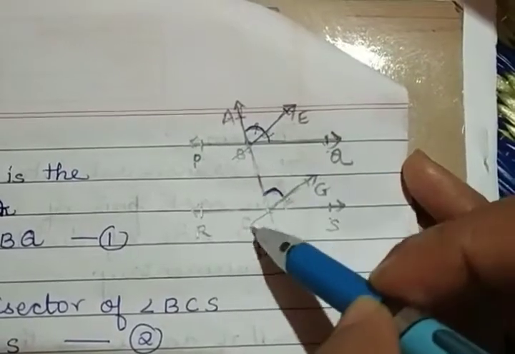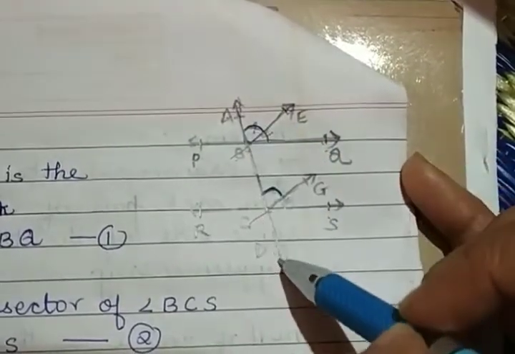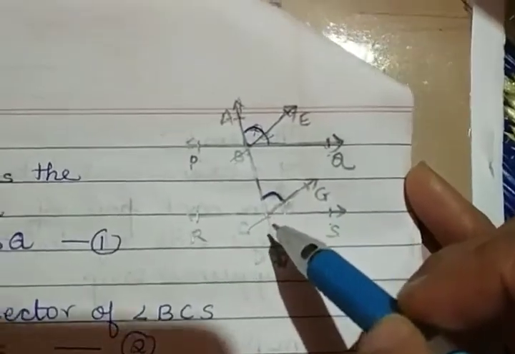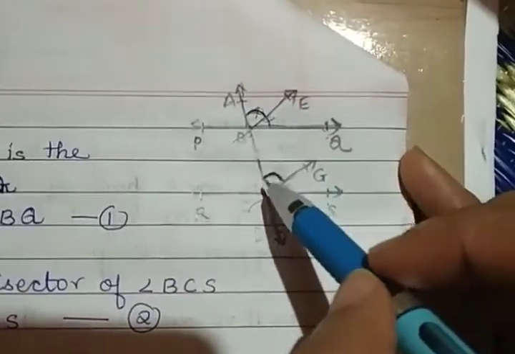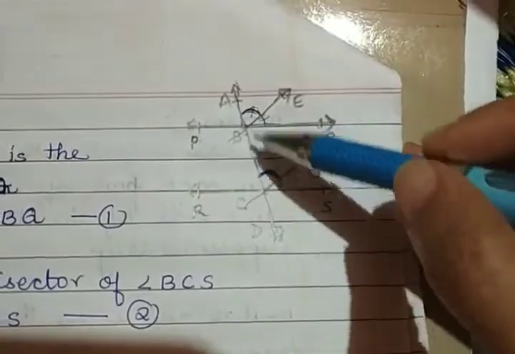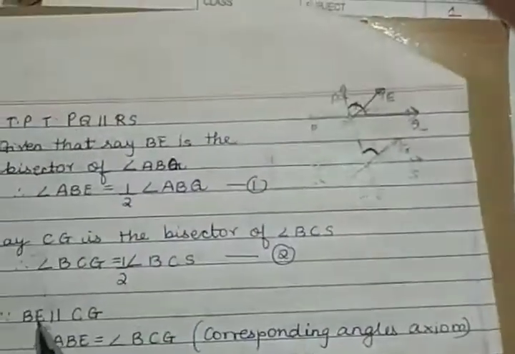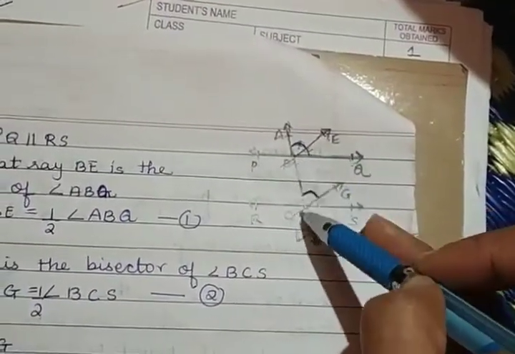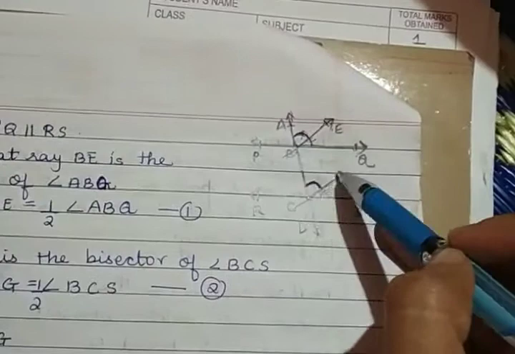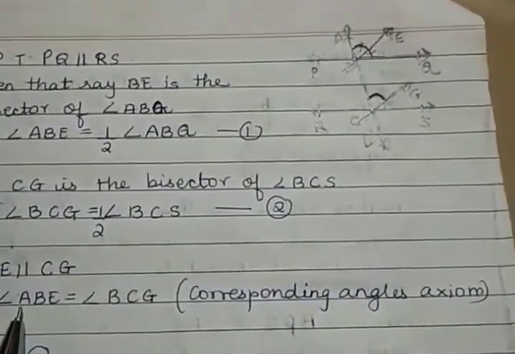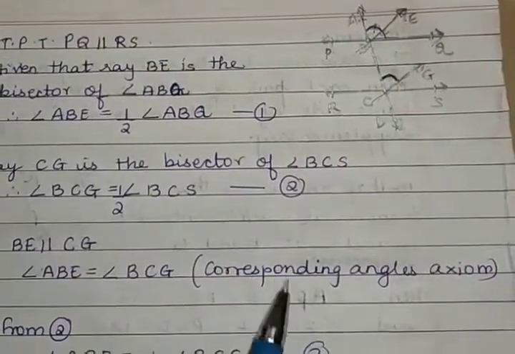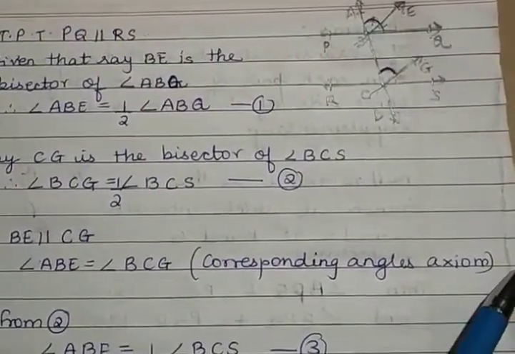If these two are parallel lines and this is a transversal, then these two are corresponding angles, so they will be equal. Since BE is parallel to CG, angle ABE will be equal to angle BCG, because of the corresponding angles axiom.